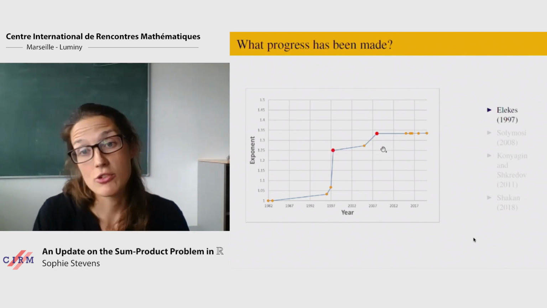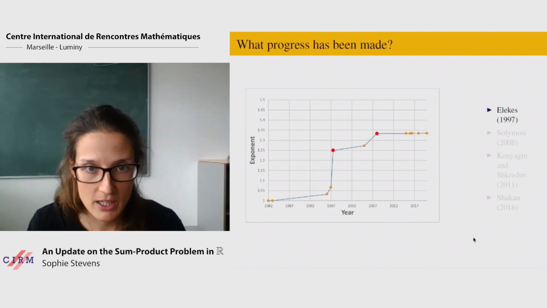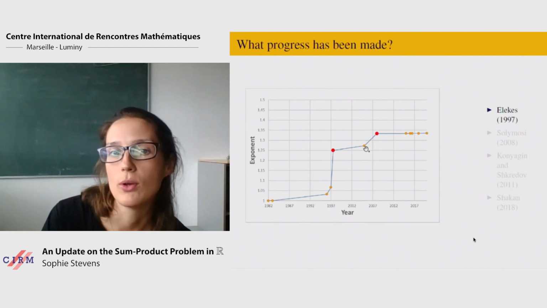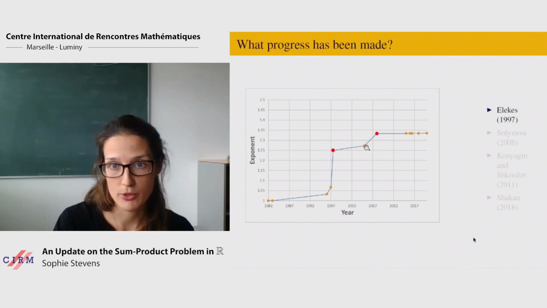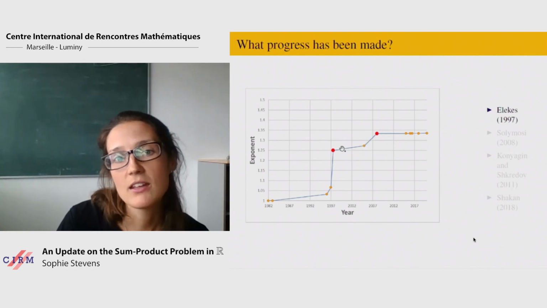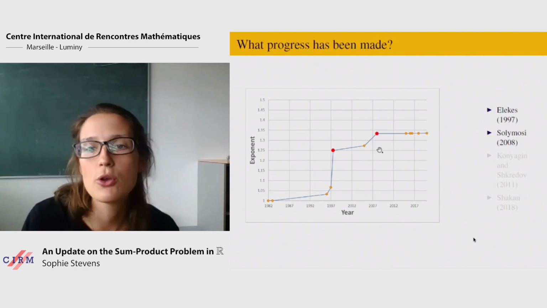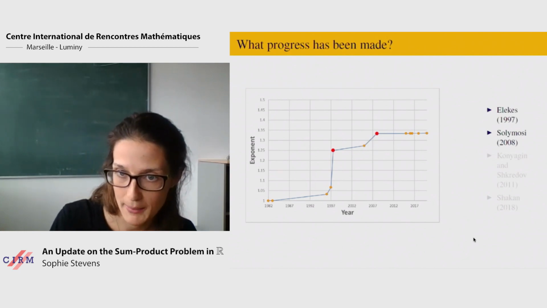So Elekes introduced incidence geometry, and this second improvement after Elekes is also a consequence of incidence geometry. But the second point that I'd like to highlight is actually the result in which Shkredov removed incidence geometry from the problem again.